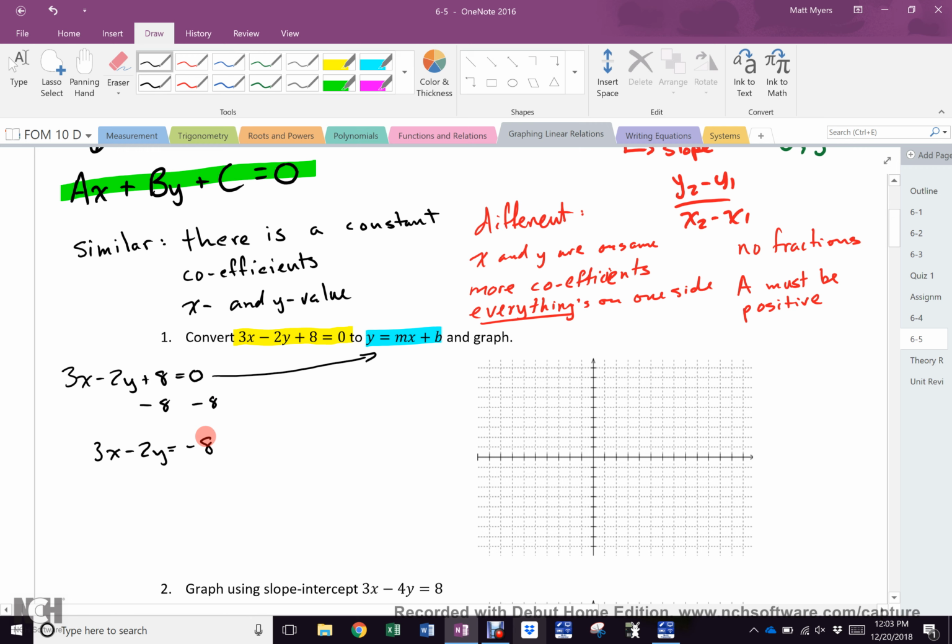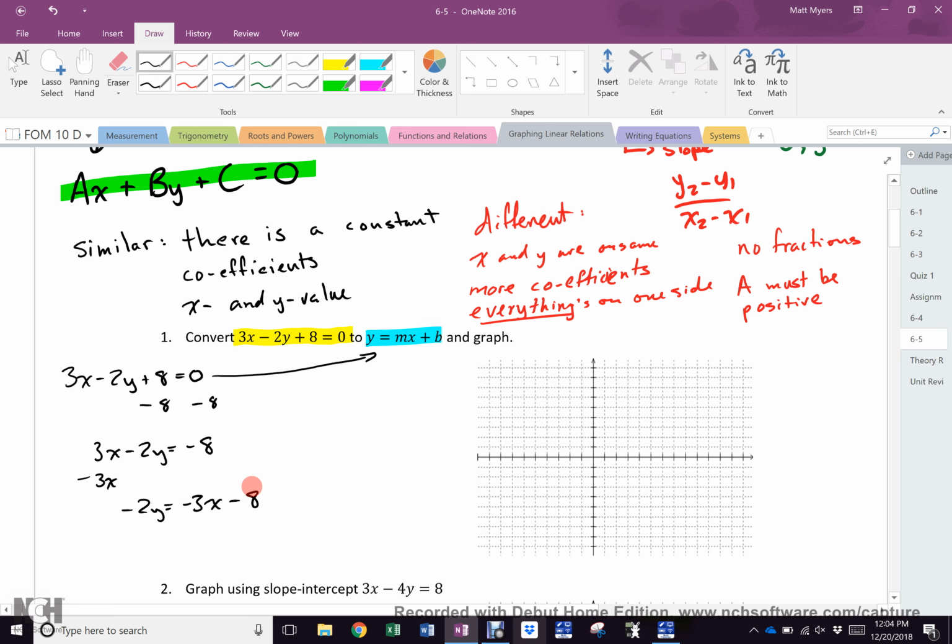Tavi, what would you do next? Of course you could, but Zach has already started us down a path. So you would take away 3x, and then you'd have to do it over here again. So now I have -2y equals -3x minus 8. Now what?